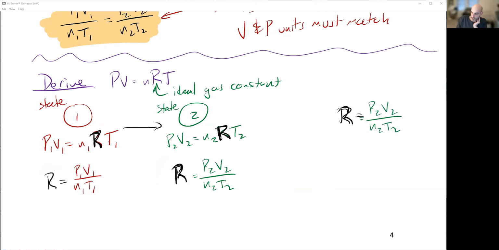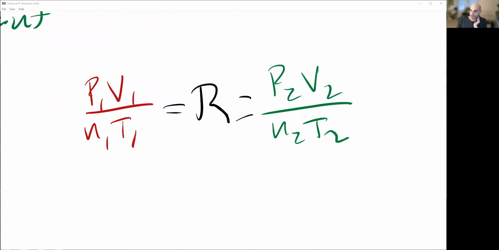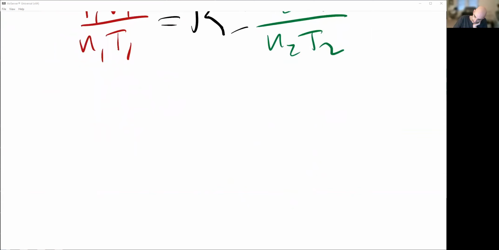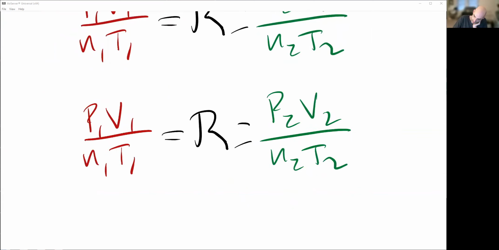So these two things are both equal to R. Now all we have to do is set them equal to one another.